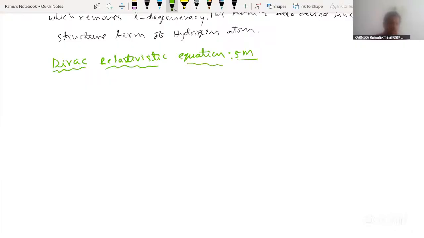So here the Dirac relativistic equation for a free particle can be obtained by recalling the basic energy equation.